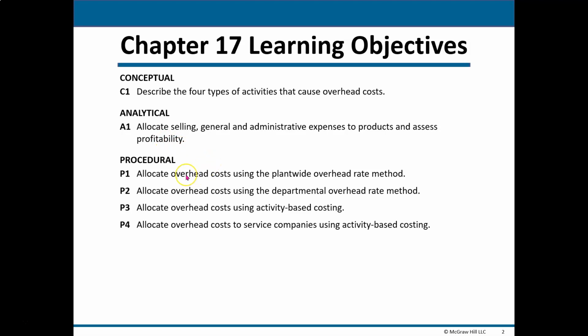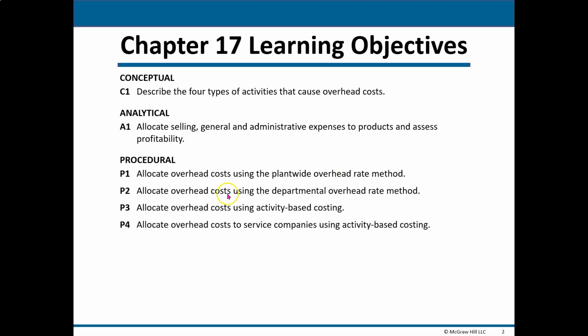What we're going to work on in this chapter is allocating overhead costs in a number of different methods, three different ways of allocating it, and then also how it applies to activity-based costing for service companies. So we're going to look at allocating overhead costs using a plant-wide overhead rate method.